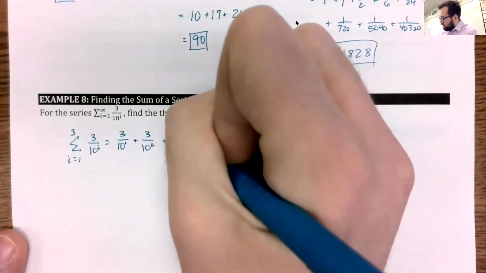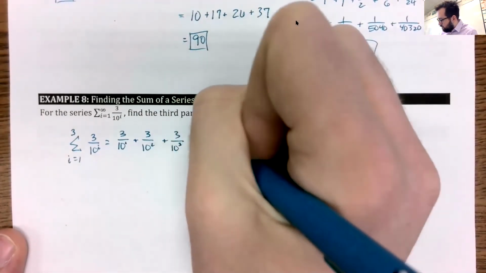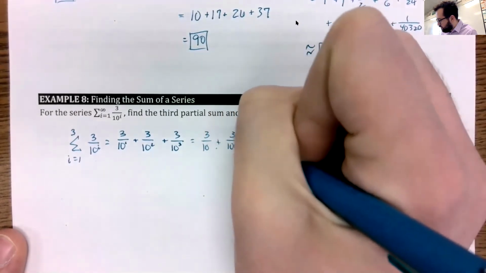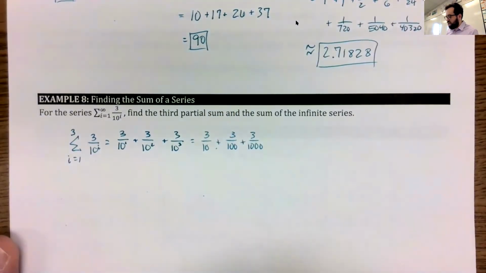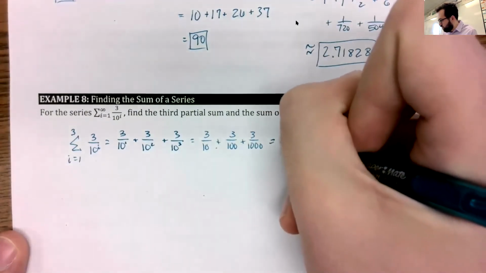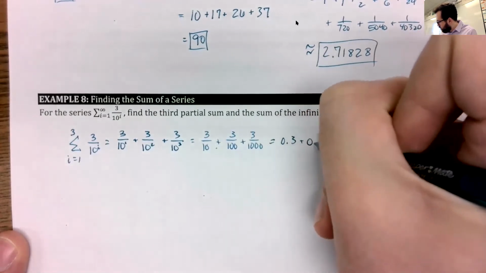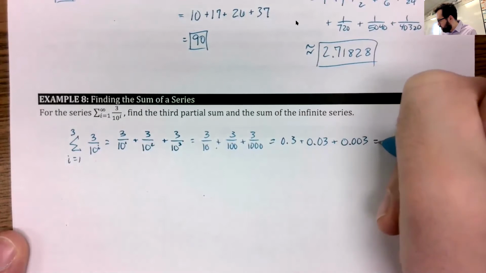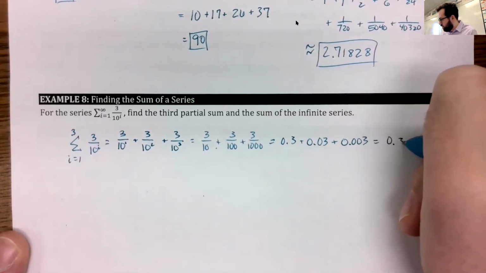And that's going to give us 3 over 10 plus 3 over 100 plus 3 over 1,000. Which in this context is actually going to be easier to grasp, I think, if we write it as decimals. So it's going to be 0.3 plus 0.03 plus 0.003. So if you add all those together, you're going to end up with 0.333.